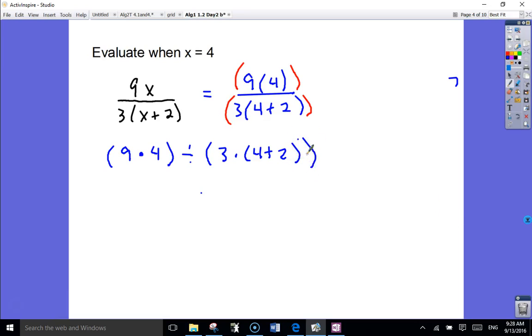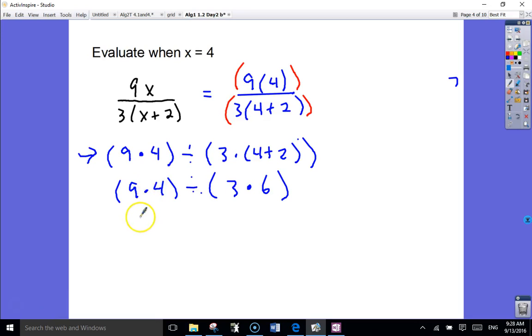And then looking at it like that, what would you do first? You might go to the inner parentheses, right? So maybe we would write it like this: 9 times 4 divided by 3 times 6. Okay, then what would you do?